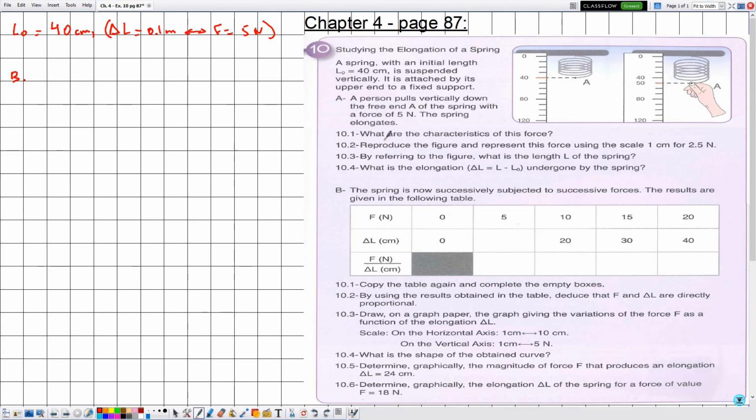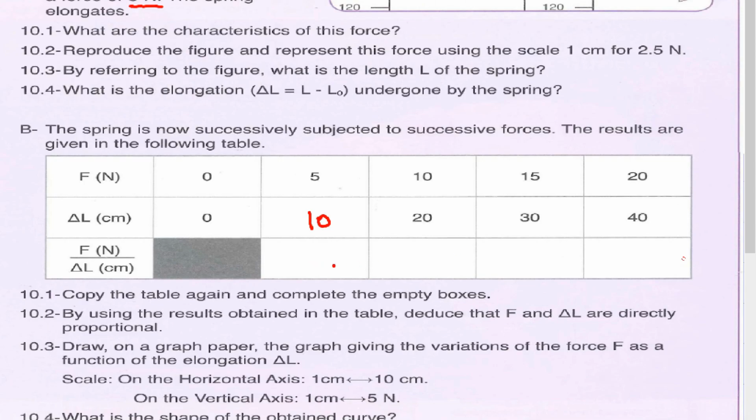So here in the first part, when the force F was 5 Newton, we have determined the elongation delta L to be 0.1 meters or 10 centimeters. So from the first part of this exercise, we can know that for F equal to 5 newtons, the value of delta L is given by 10. And here we don't include any unit because the unit is included in the first column. Now we can safely complete the third row of this table.